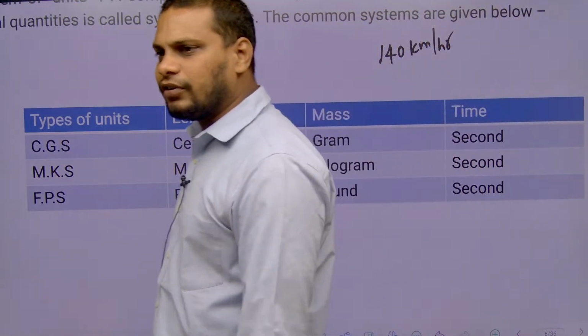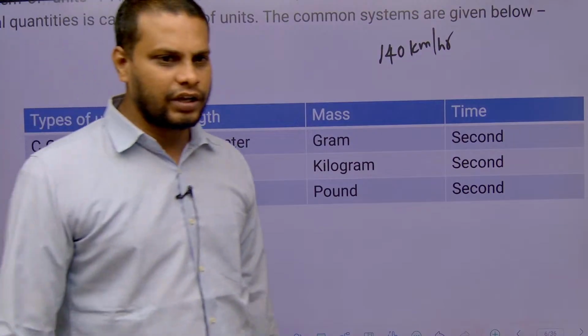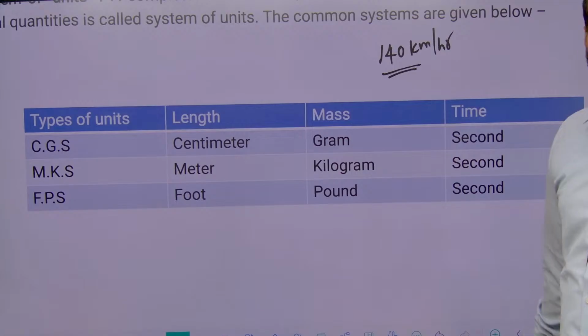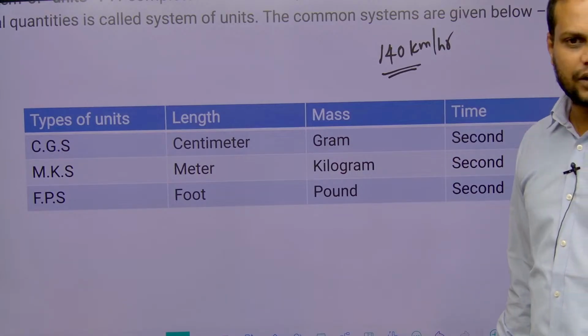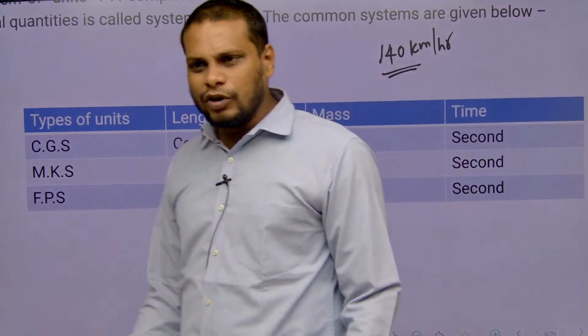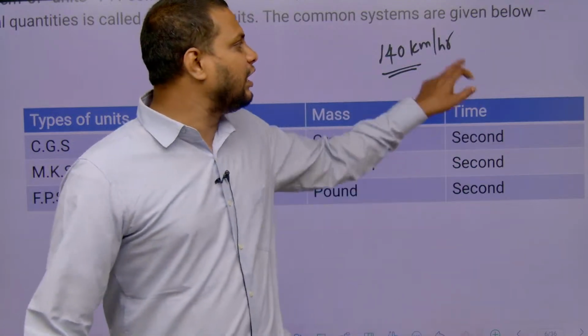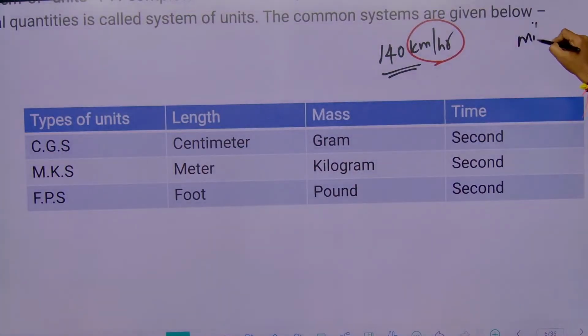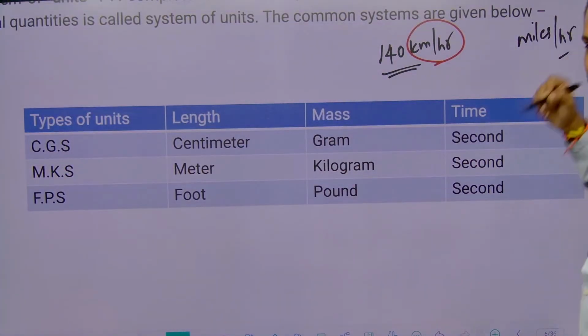If the same person went to Australia or the UK to play a cricket match, they will mention the speed in miles per hour. Both are the same, but we use the kilometer per hour notation and they use the miles per hour notation. Are you clear?